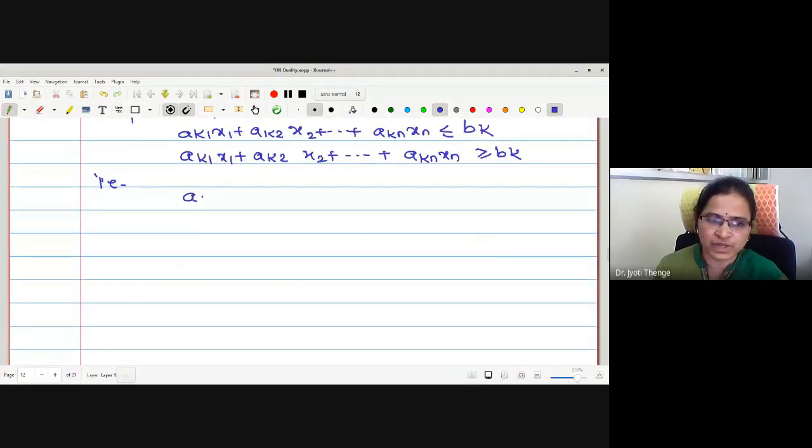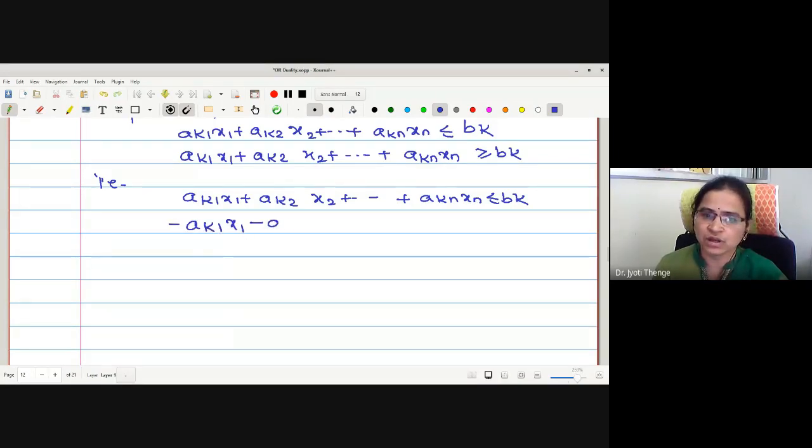The first one I'll keep as it is. The second one we will start multiplying with negative: minus AK1 x1 minus AK2 x2 and so on, minus AKN xn less than or equals to minus BK.